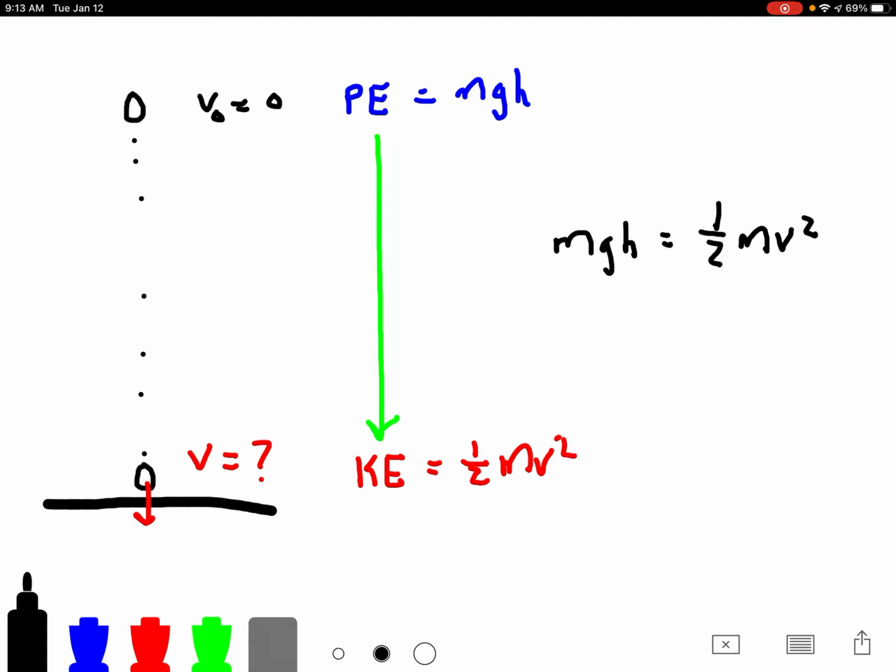We can estimate a value for the mass of an egg. I can tell you just by looking up the mass of an egg that a large grade A egg is going to be about a mass of 0.057 kilograms.